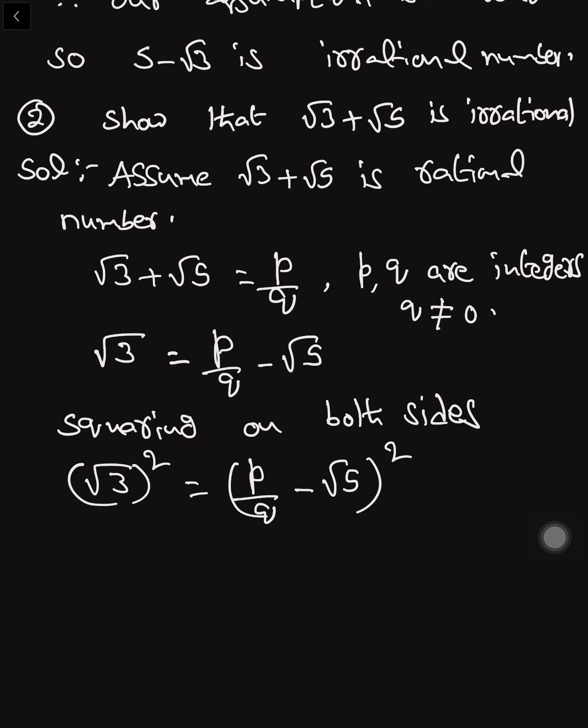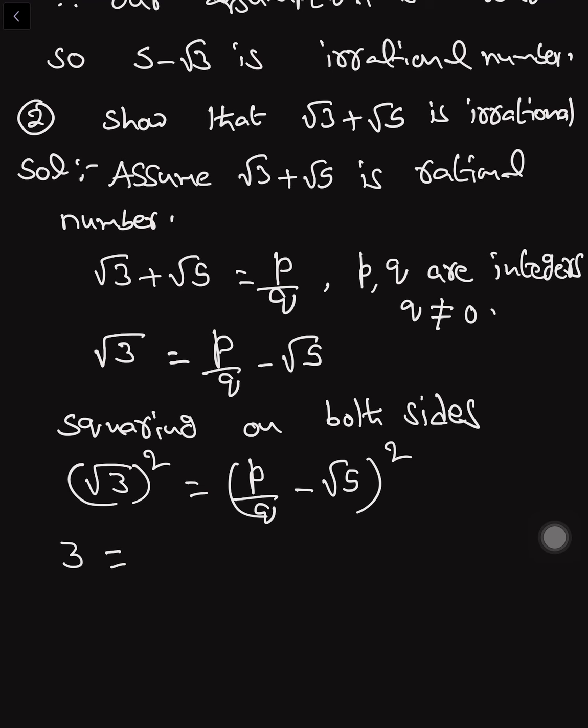Root 3 whole square, root 3 into root 3, or simply you can take square and this square root cancel together. So you will get 3. Here in RHS it is in the form of a minus b whole square.